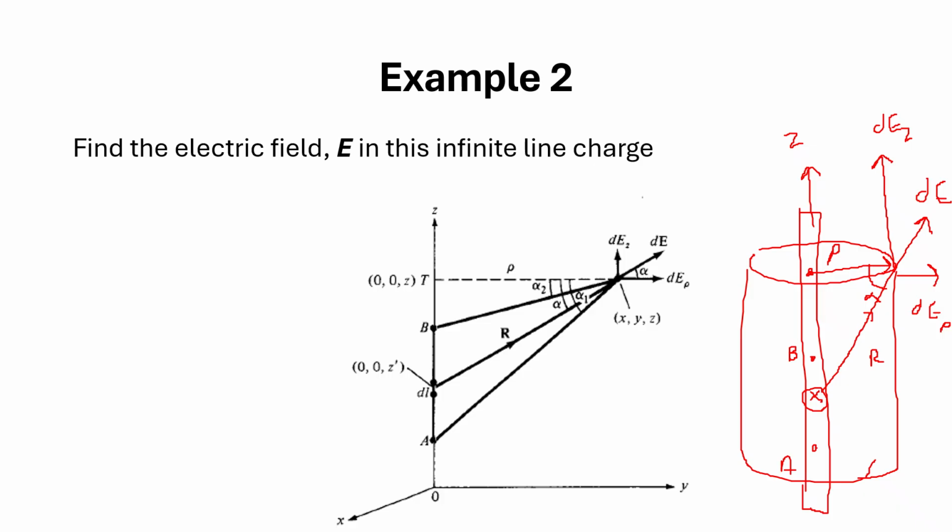Also, you notice that we have this kind of hypotenuse. From z prime to z, we have the points O to T. So I can define that OT equal to z minus z prime.